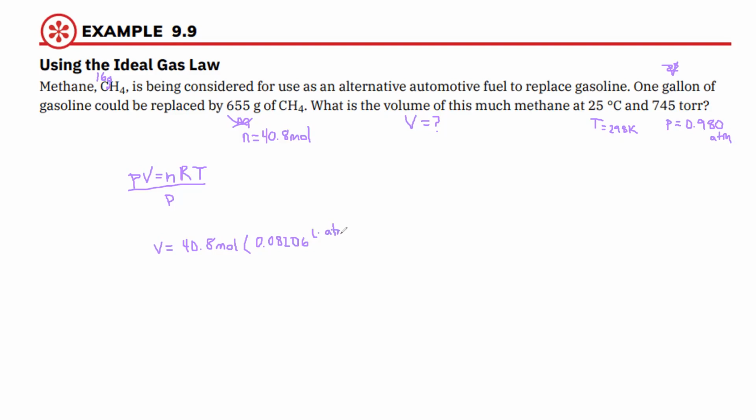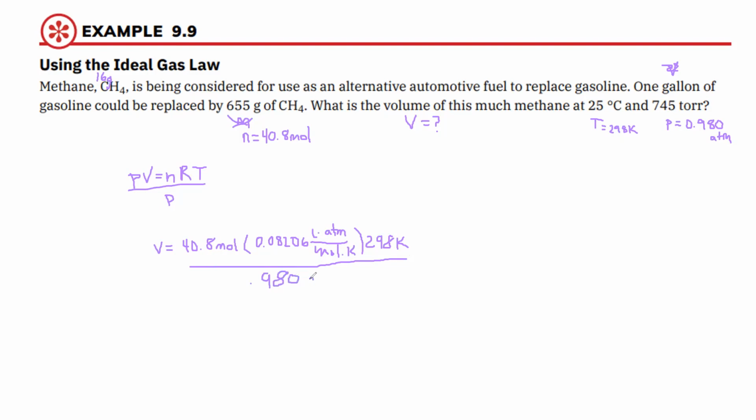And that's why we had to make the conversion previously. We couldn't just plug in the pressure as it was, because the units wouldn't work. So we'll have mole Kelvin at the bottom. And then we've got 298 Kelvin, divided by a pressure of 0.980 atmospheres.